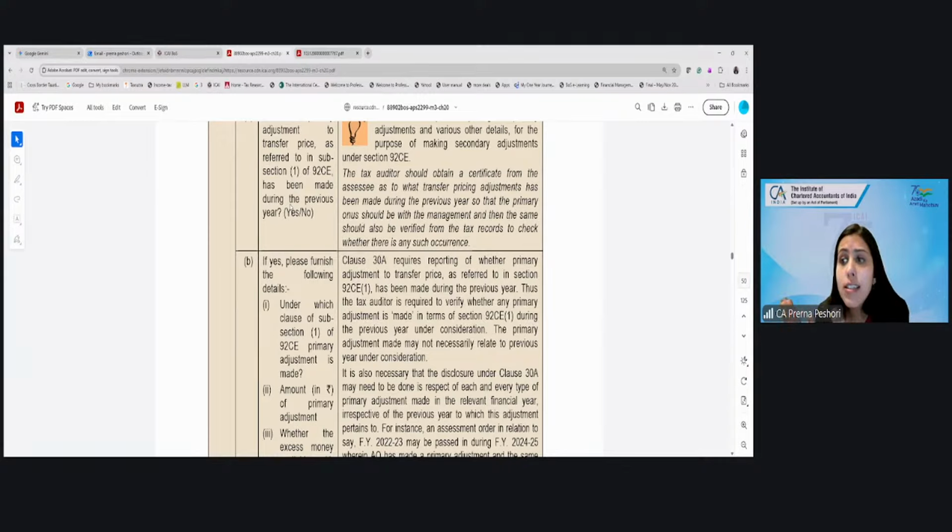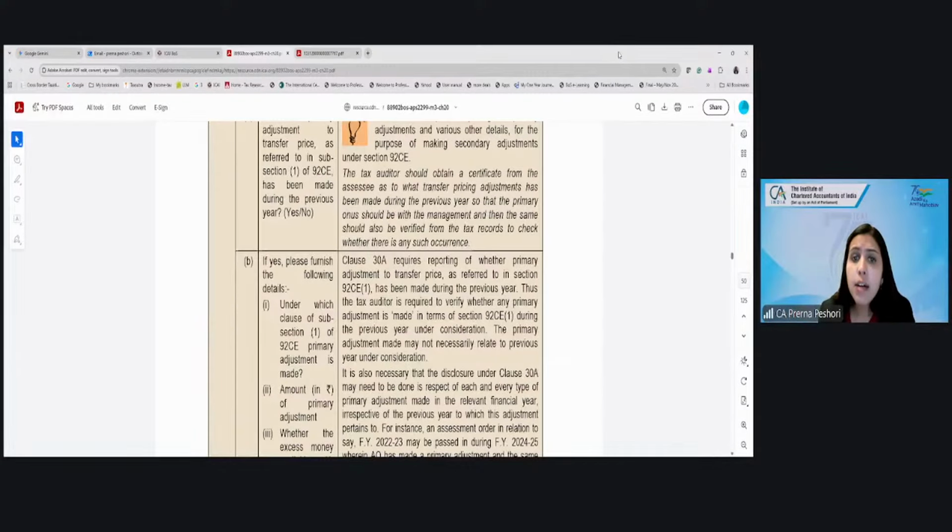If it does not send 20 back to the Indian entity, then a secondary adjustment may be carried out in the form of imputed interest or notional interest on that amount. Okay, so you will learn in the transfer pricing class that interest will be charged on the excess money if the amount is not repatriated within 90 days to the Indian company.